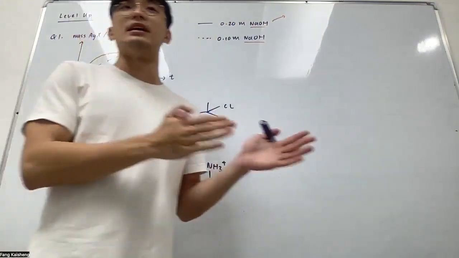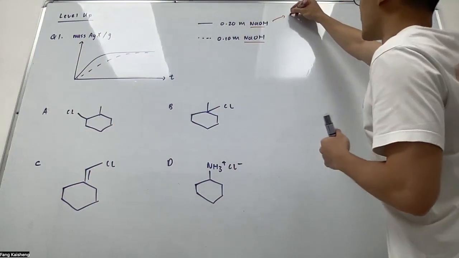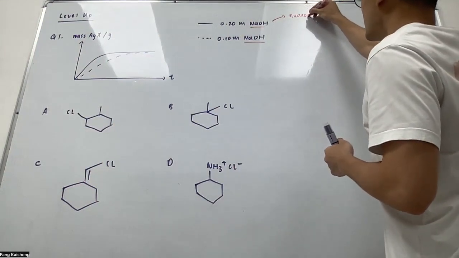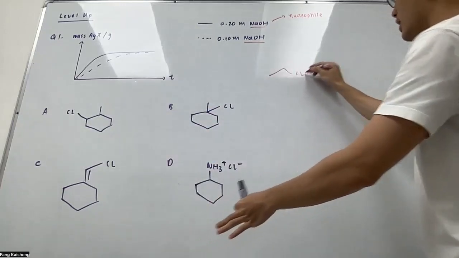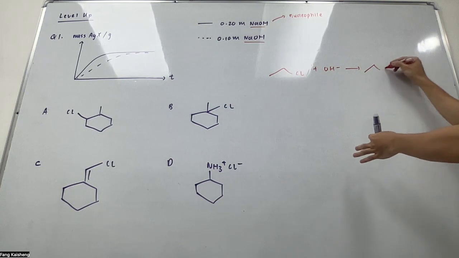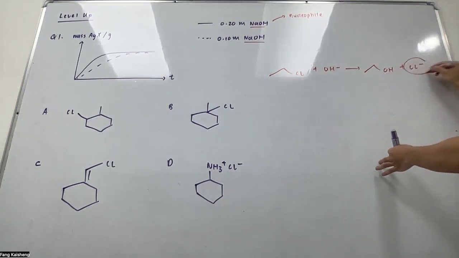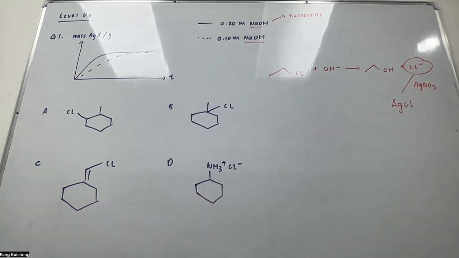So sodium hydroxide is a nucleophile, exactly. Once the chlorine in one of these halogenoalkanes reacts with NaOH, you get Cl minus. They add AgNO3 to this Cl minus to form AgCl. You can see the flow of events. That's the whole experiment.